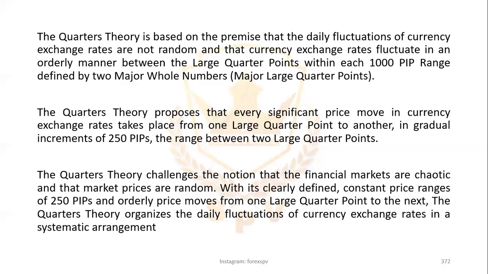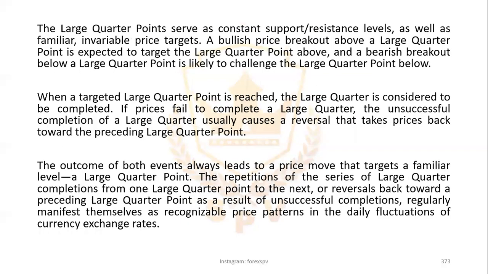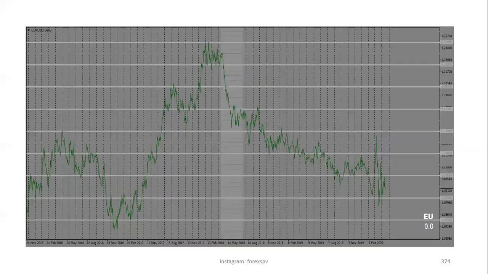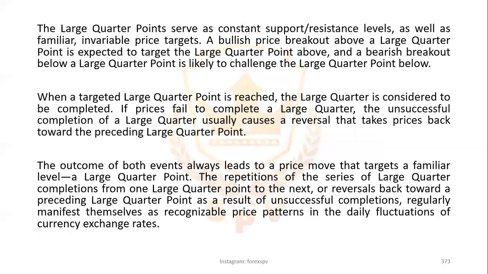So it would move from one large quarter to the next. You'll see transition of price from one large quarter to the next. These large quarter points serve as constant support and resistance levels.